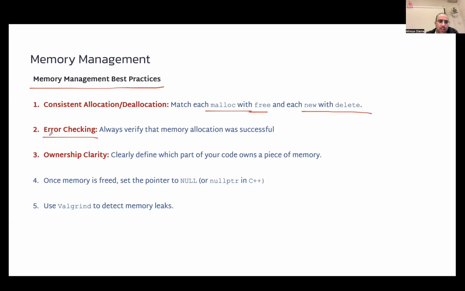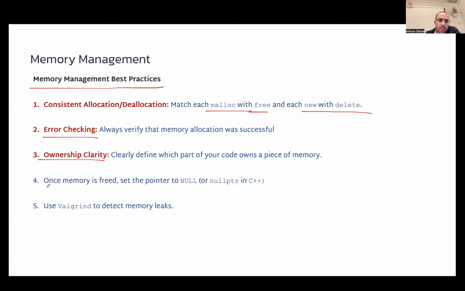And then you should check the ownership. Make sure that you clearly define which part of your program allocates what part of the memory. So this is also important. That's why you usually want to have memory allocation function-based or class-based.